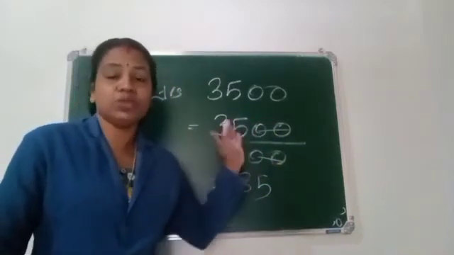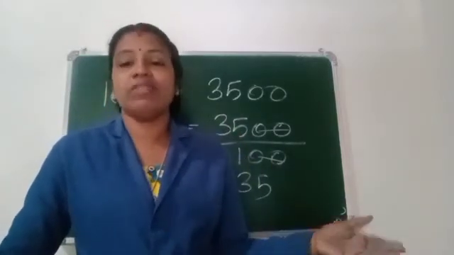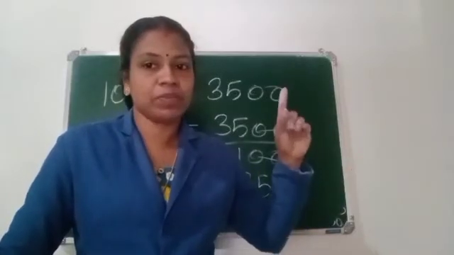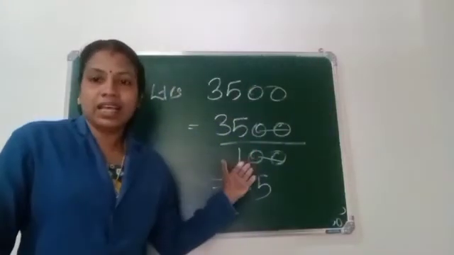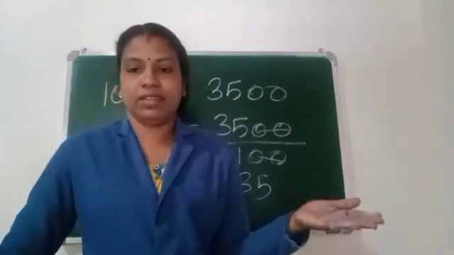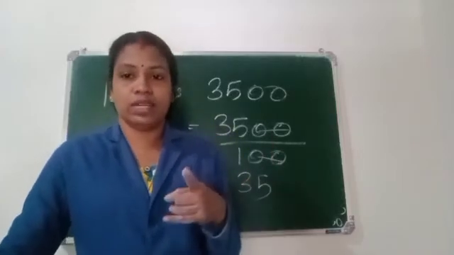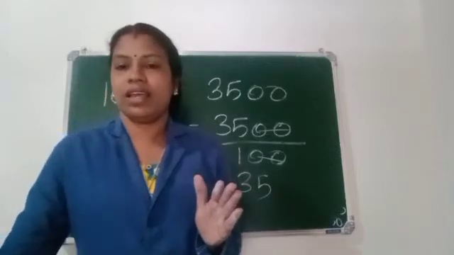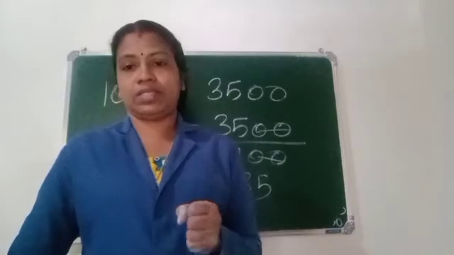In order to find more quantity, we have to multiply the numbers. Here, we find one quantity from the total, simply by dividing the numbers. So the cost of 1 liter of diesel is 35 rupees.